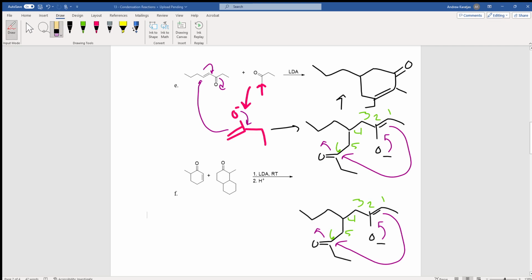Now we're going to erase this negative charge and the arrow because that becomes a double bond. These pi electrons go away and form a new bond to that carbon. And then those electrons shift up onto oxygen.